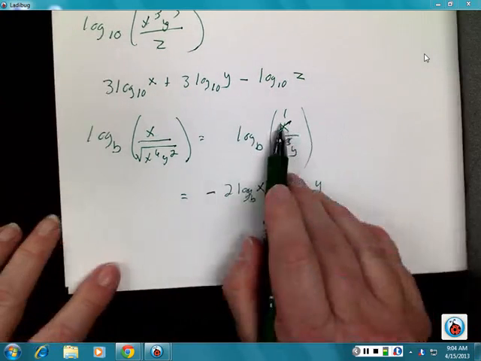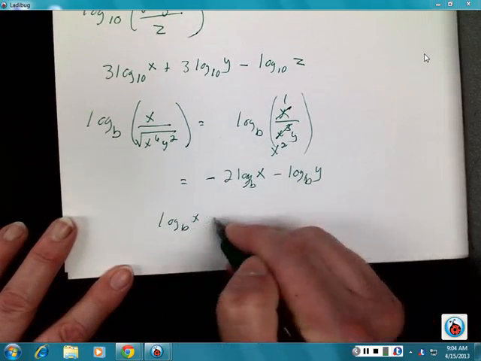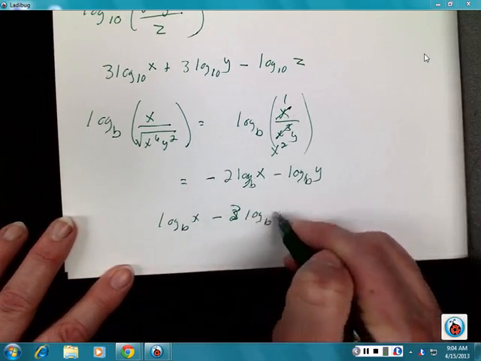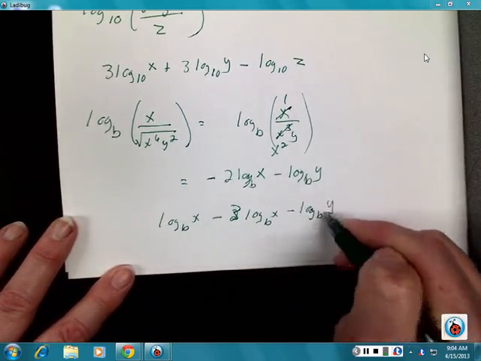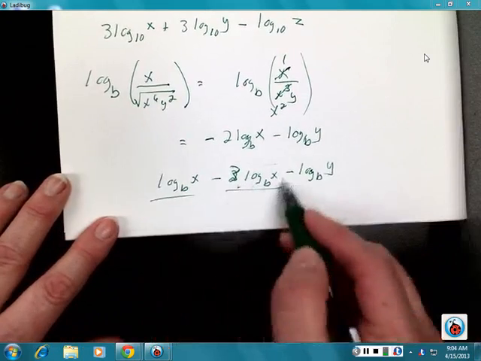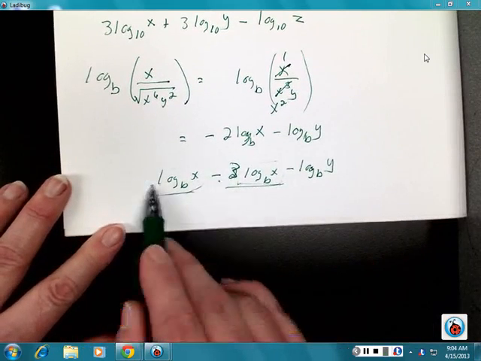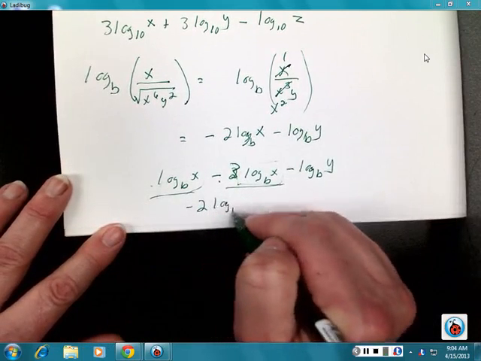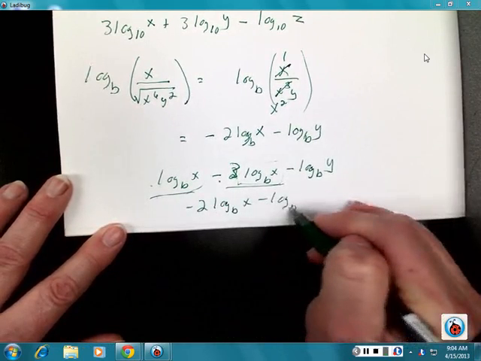If you left it in there, you would have log bx minus 3 log bx minus log by. But because these two match each other, notice this part matches, that means I can take 1 from 3, and if I subtract the 1 from the 3, that's where that negative 2 log bx comes in, minus log by.